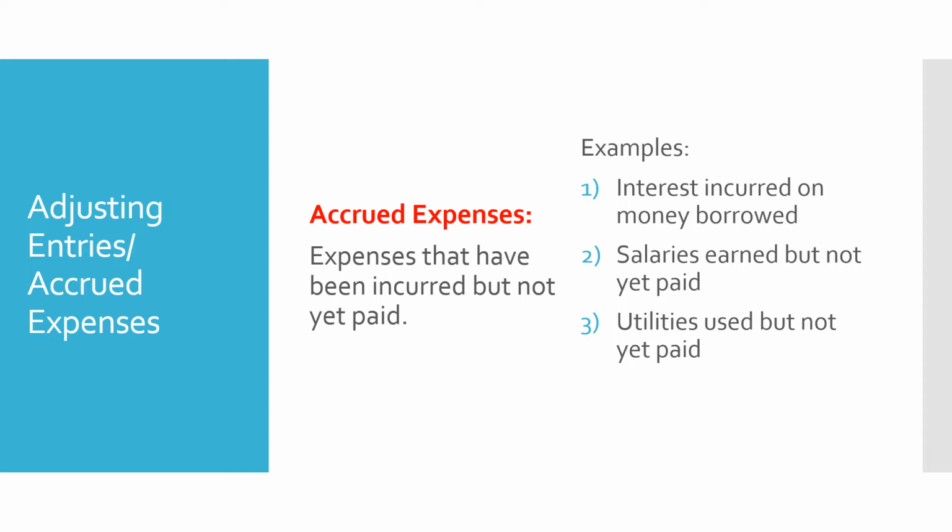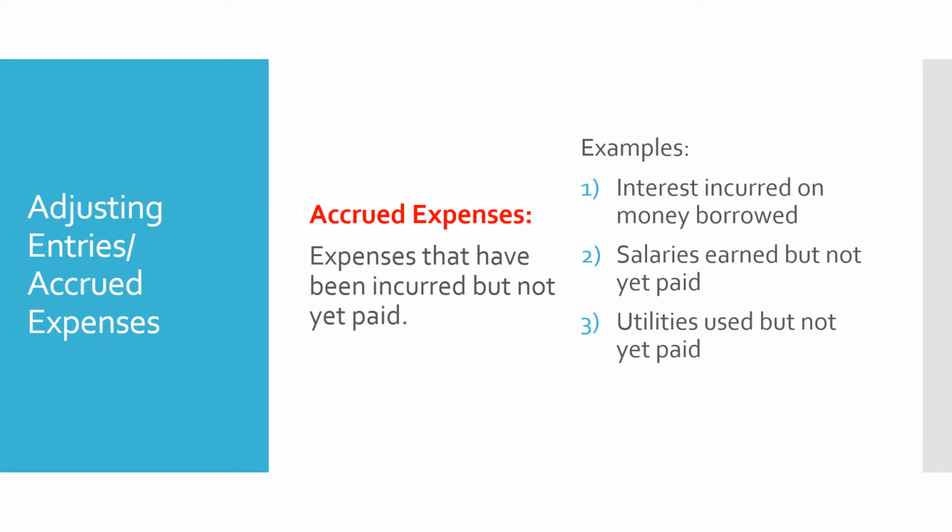So examples of accrued expenses include interest incurred on money borrowed. So you go to the bank, you borrow money, they're charging you 10% interest. You could make an entry every single day to record 1 day's worth of interest, but as we've discussed before, it really doesn't matter that the interest expense account is up to date until the end of the accounting period when you get ready to prepare your financial statements.